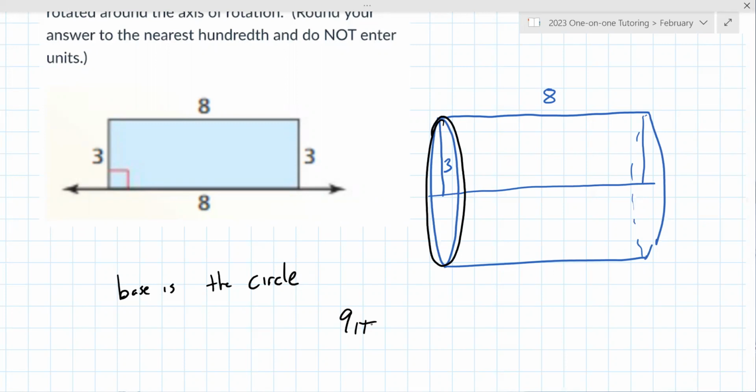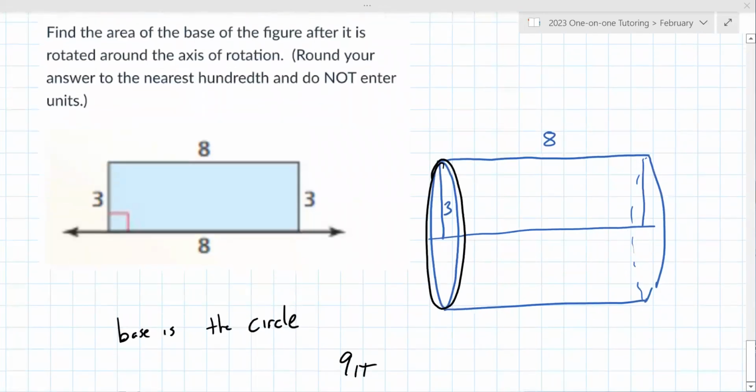Right? And 28.27, there's no units. This one does have units. It's an area, but I don't know if they gave you any dimensions in there. So it would just be 28.27. Yes. Okay.